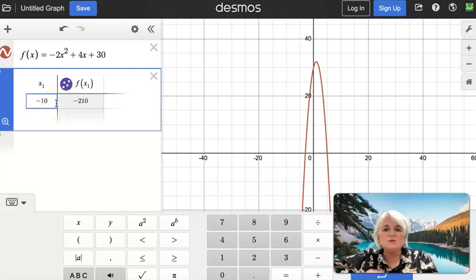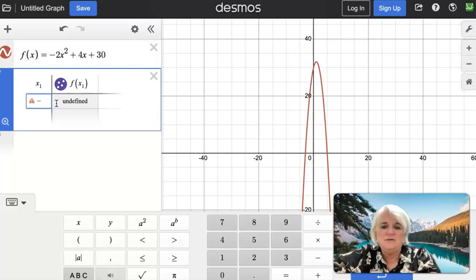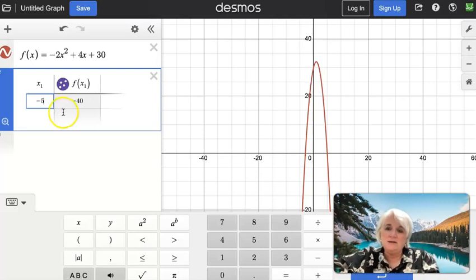I want it closer to 0, so I'm going to change that to negative 5. Negative 40, still pretty far away. I want it a little bit closer than that, so I'm going to go negative 3. Oh, I'm right on 0. Well, I don't want that. I want to be in between there, so I'm going to go negative 4.